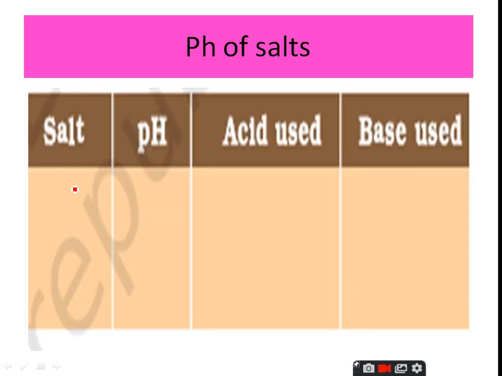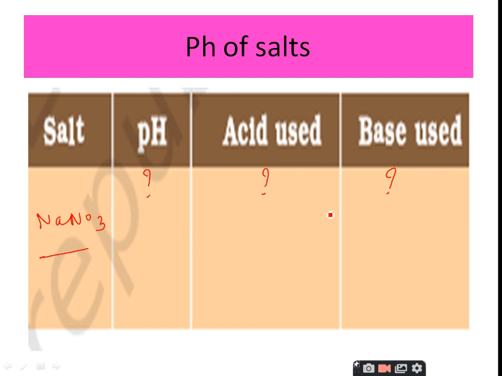Now this is a very interesting table. Sometimes a salt is given and the pH can be asked, and which acid and which base are used there can be asked from you. Just for an example, suppose we have taken NaNO3, sodium nitrate. We want to find out its pH. First we have to find out which acid and base are present in the given salt.